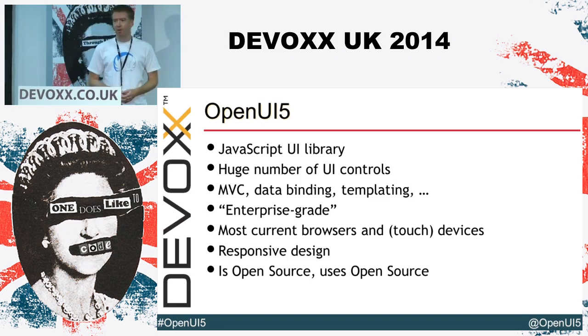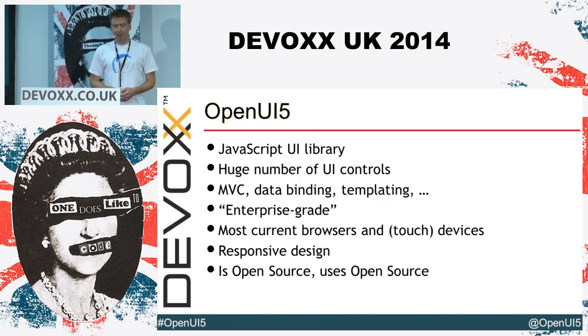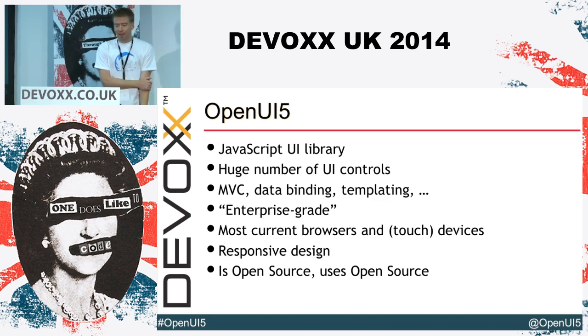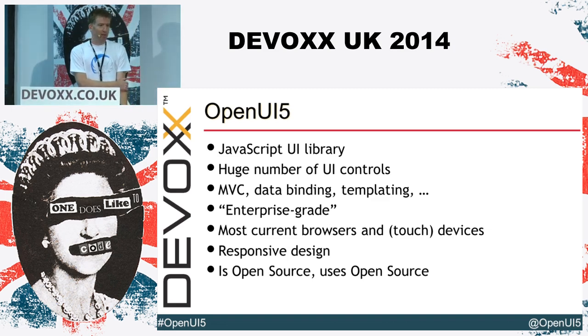There are a couple of points. I think it's a very, very comprehensive library. We have a huge number of UI controls. It's about 180 different UI controls that are built in. But you can also build your own UI controls, of course. Then there's a lot of framework capabilities, support for the model view controller concept to structure your application. There's data binding, HTML templating, routing.